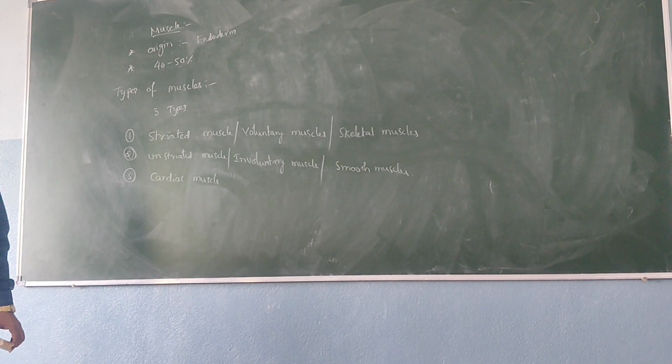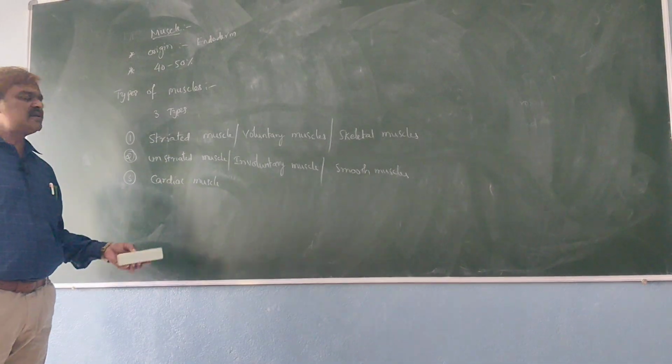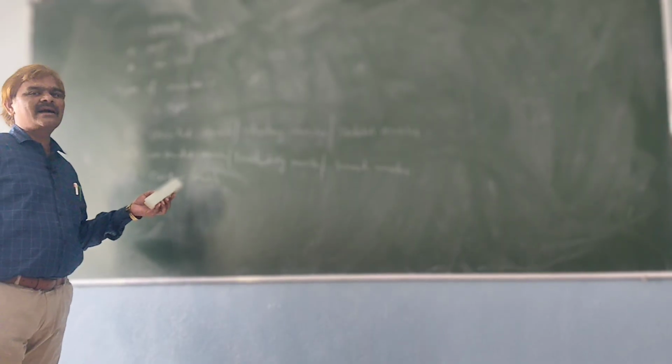In total, three types of muscles are present: striated muscle, unstriated muscle and cardiac muscle.